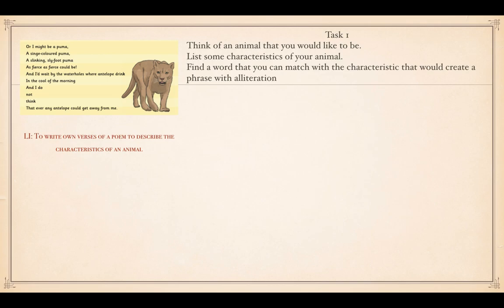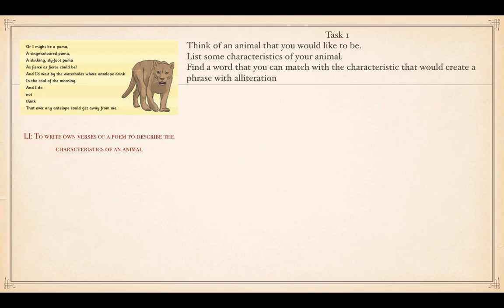So slinking and sly foot both start with the letter S. So you need to think about a characteristic of your animal and link it with a word that starts with the same letter as your characteristic.